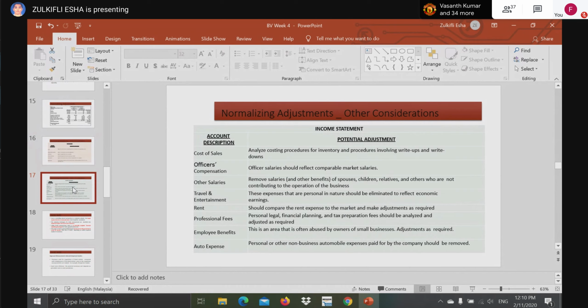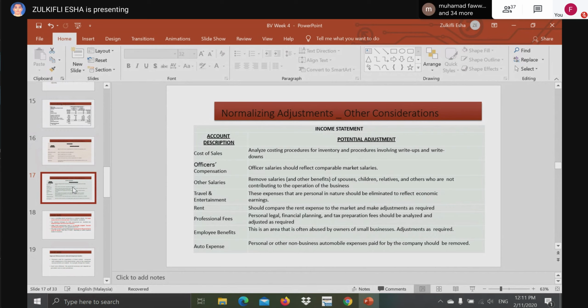Normally for the top management level, they will have some travel and entertainment allowance. So if the amount of travel and entertainment allowance for your firm is higher than the average within the industry, then you may need to do some normalizing adjustment for the travel and entertainment allowance for your company.